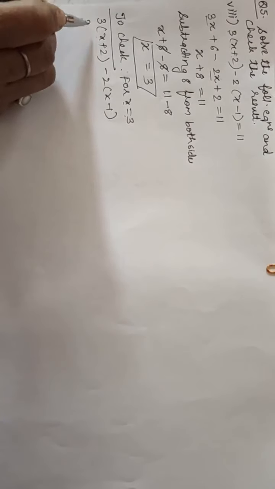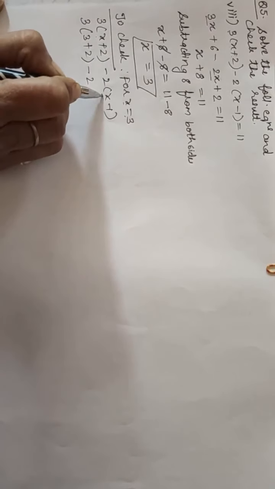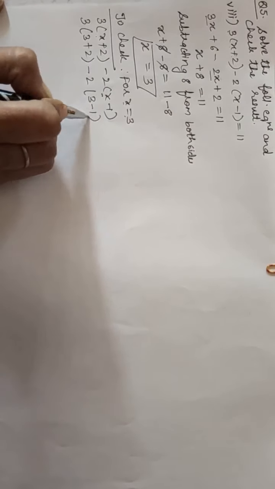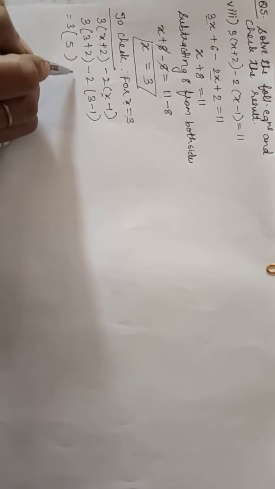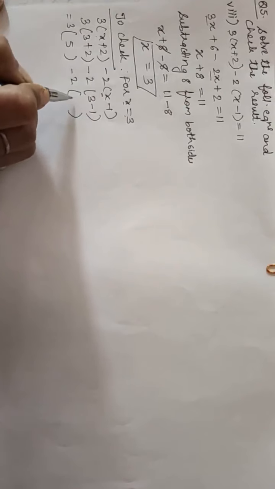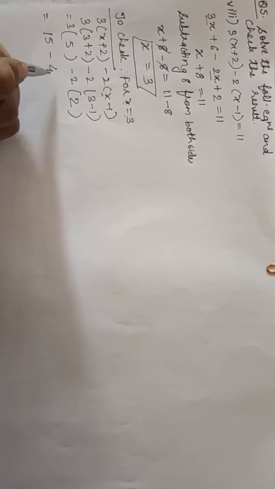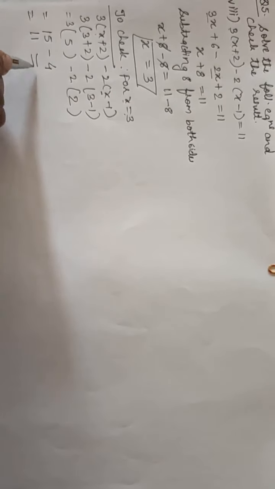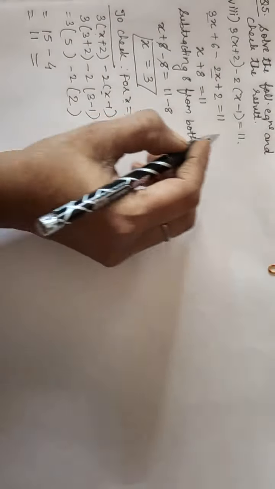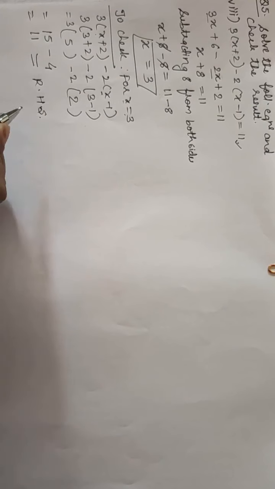Wherever x is there you put 3. Here is minus 2. Here again x, so put 3 minus 1, and simplify the bracket first. 3 plus 2, 5, minus 3 minus 1 is 2. Now just simplify. 3 5s are 15, 2 2s are 4, and 15 minus 4 is equal to 11, and this 11 is your right hand side. So 11 is equal to RHS.